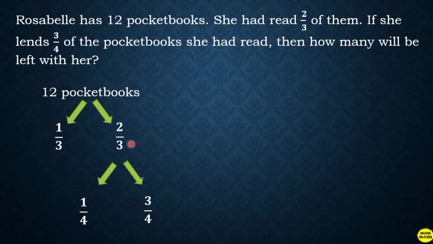Next, so ito naman, dun sa 2/3, 3/4 dun pinahiram niya. So kung 3/4 yung pinahiram niya, dun sa 2/3, ibig sabihin 1/4 yung nasa kanya. Okay. So, ang tinatanong ay how many will be left with her? So, ibig sabihin ito ang kailangan nating makuha. Okay? So, let us solve.